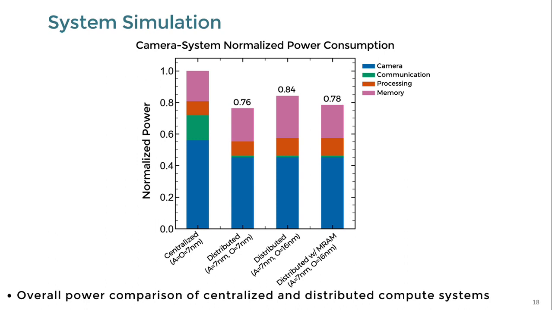Then, if we change the technology of the on-sensor processor from 7 nanometer to 16 nanometer, of course, the power increases, but is still lower than the centralized system.